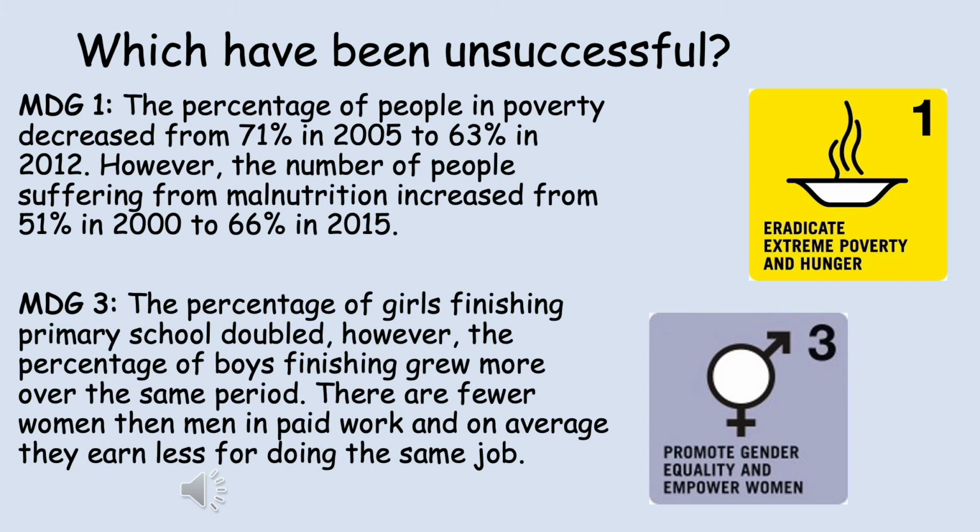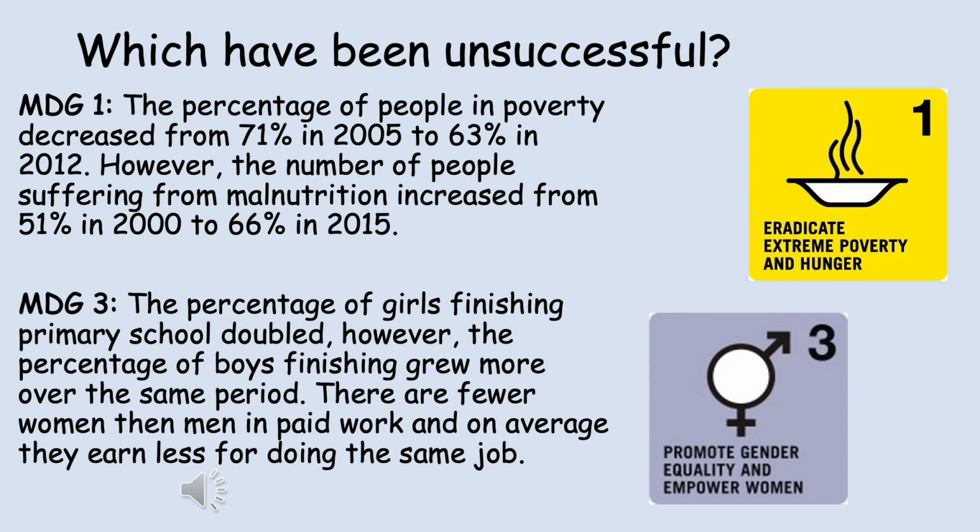However, this was by just 8%. There is still 63% of people in the DRC living in poverty. Also, what's quite striking is that the number of people suffering from malnutrition in the country actually increased from 51% in 2000 to 66% in 2015, and therefore we could argue that this goal has not been met.